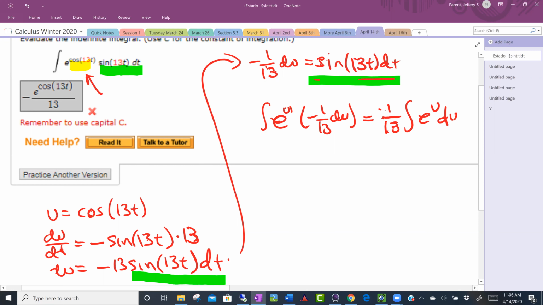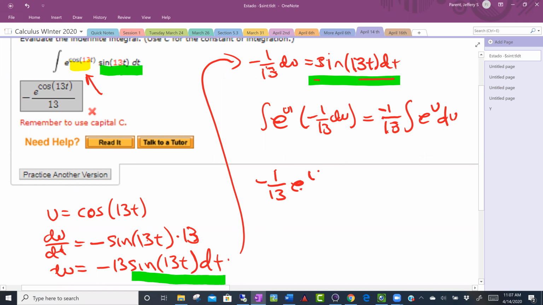You know what? I lost a negative in here. There we go. All right, someone make me look good. What's the integral of e to the u? E to the u. Anything else?